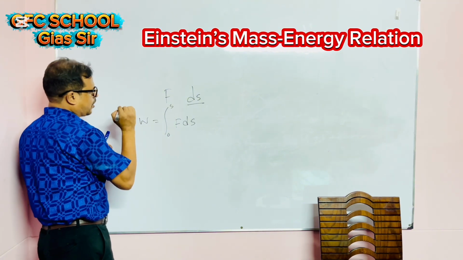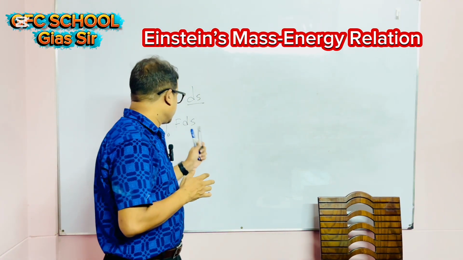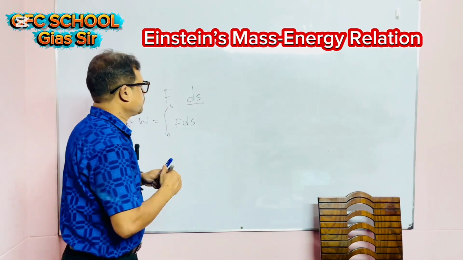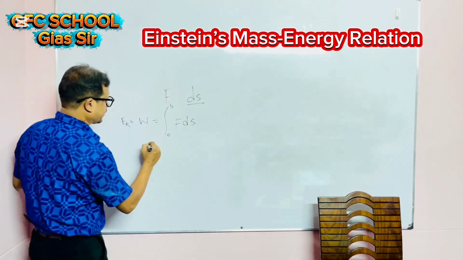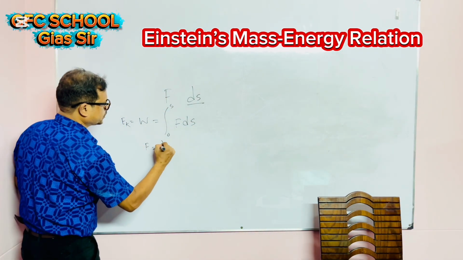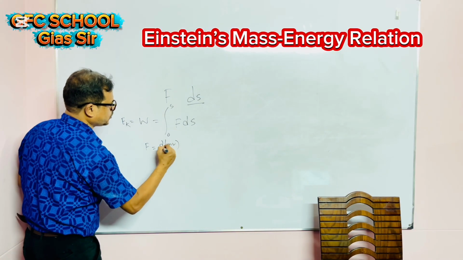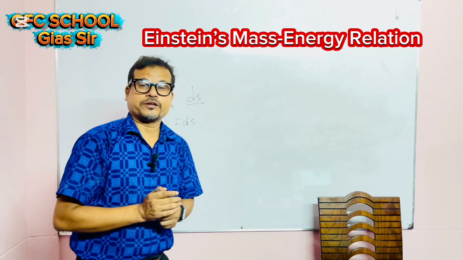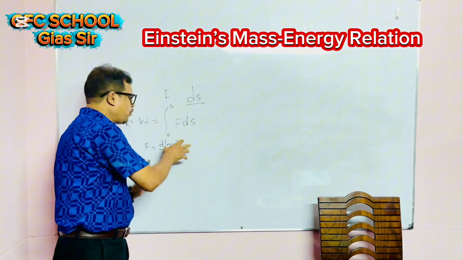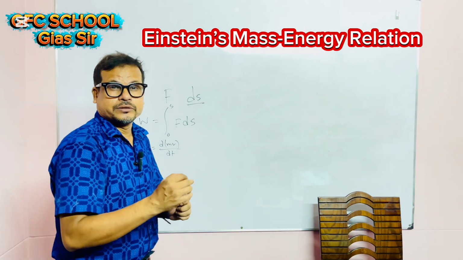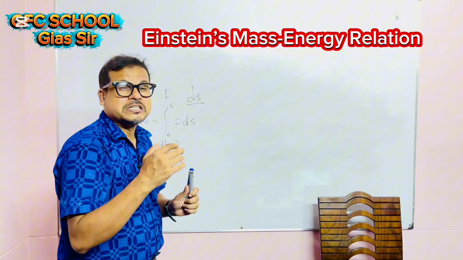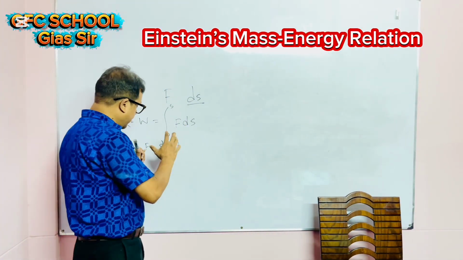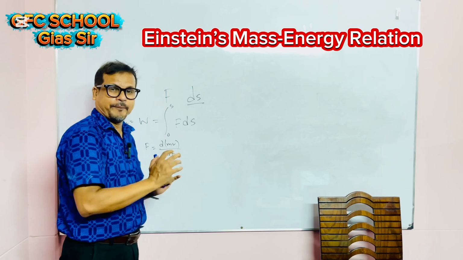Now guys, from Newton's second law, F equals d(mv) upon dt. This is the Newton's second law formula, the change of momentum with time.